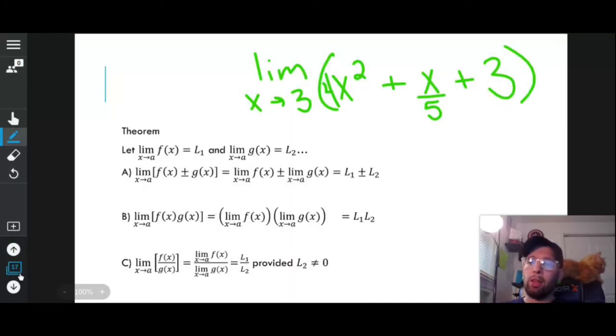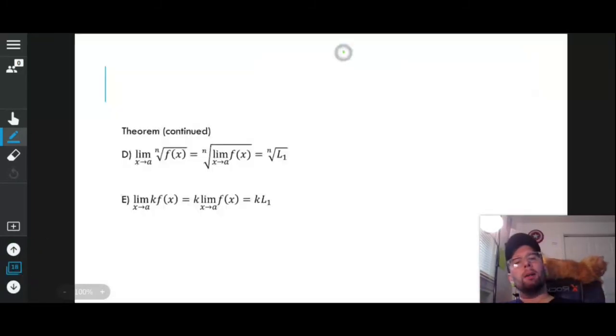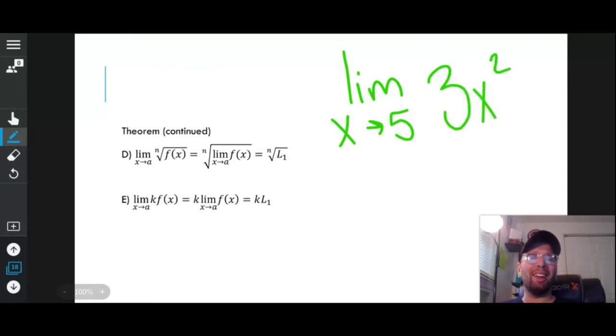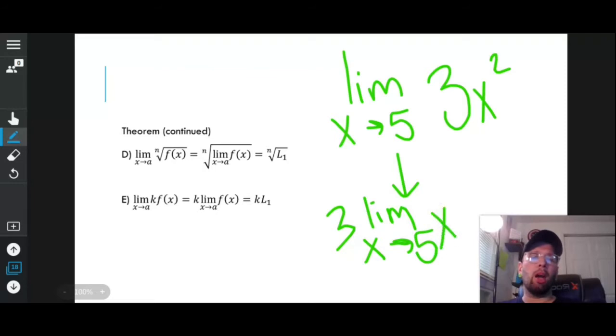If I have something like the limit as x approaches 5 of 3 times x squared, I'm allowed to just rip out the 3 and do the limit as x approaches 5 of x squared. There are times where that, again, seems like a gratuitous waste of time. Like, why do we have to show that work?